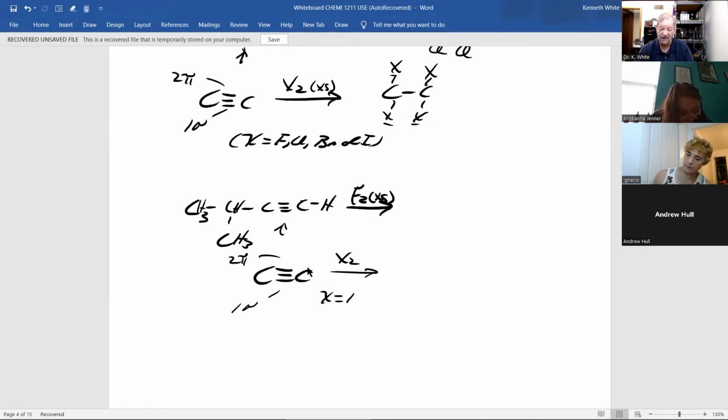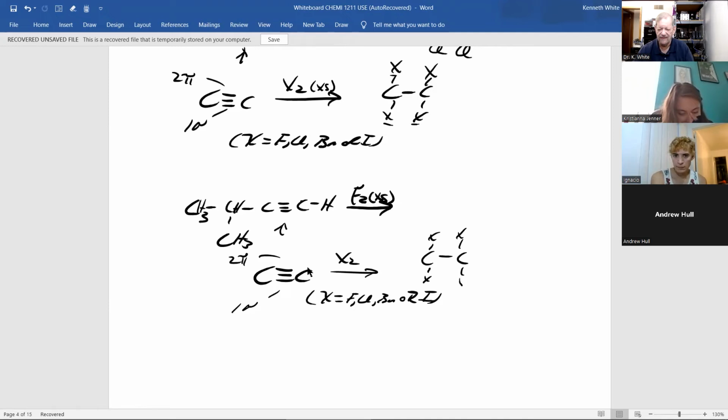Remember, X can be, and it is, fluorine, but it could have been chlorine, bromine, or iodine. And you break the 2 pi bonds. I did. That's why there's only 1 line. And each carbon gets 2 of the halogen.